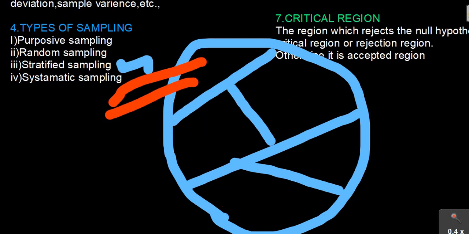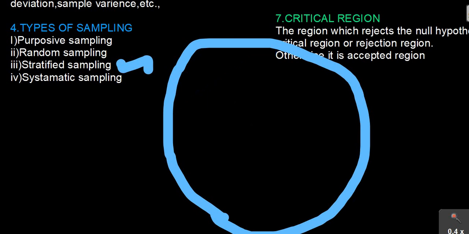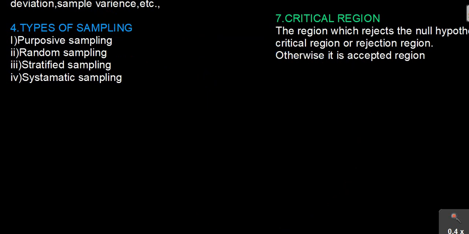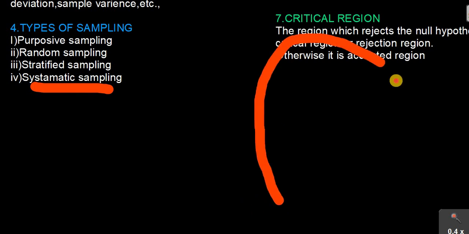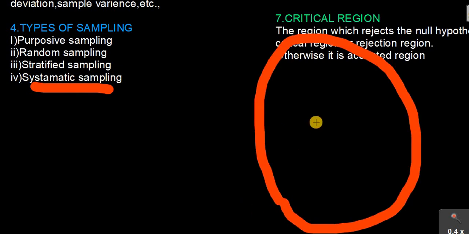The last one is systematic random sampling. What do you mean by systematic random sampling? Now I am using some systematic idea to bring a small group from a big group. Take for example, this is a class, and in this class I want to know the average weight of the students.